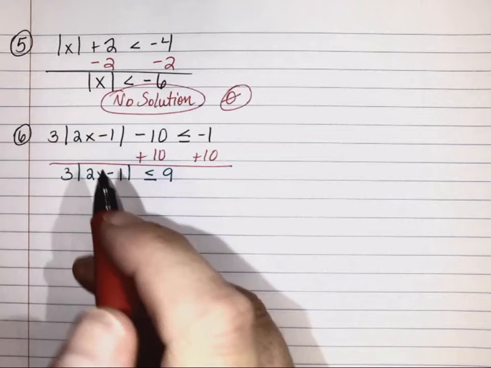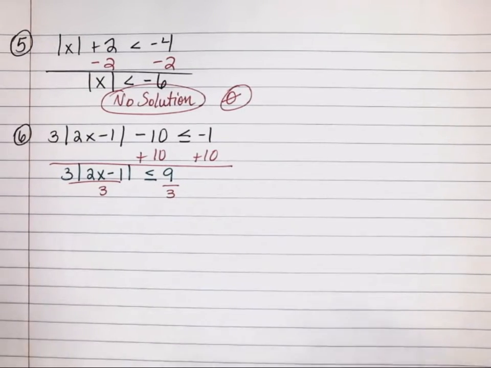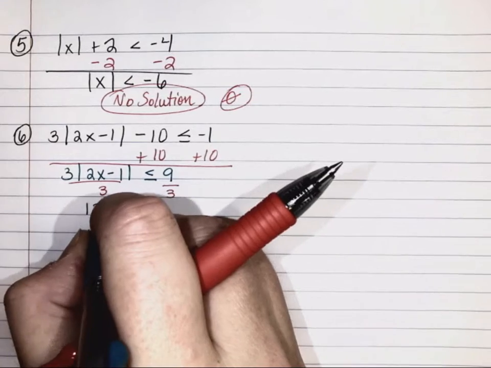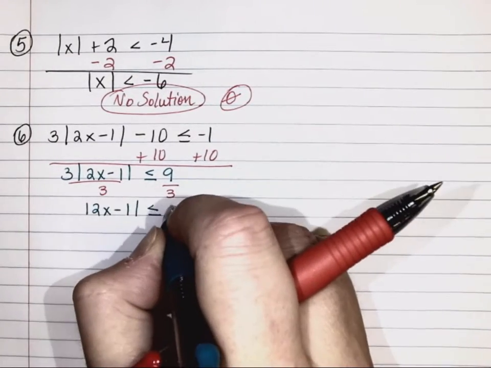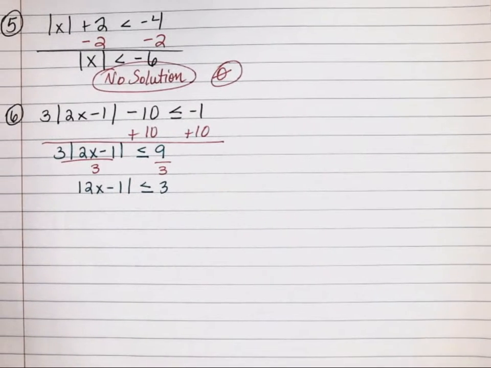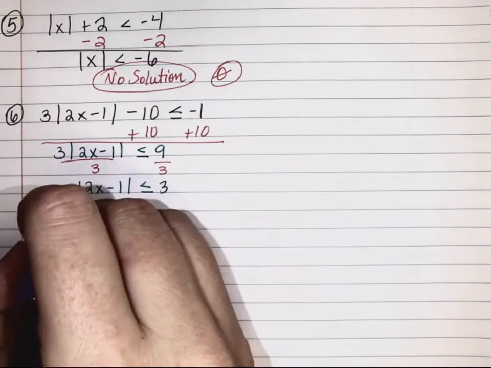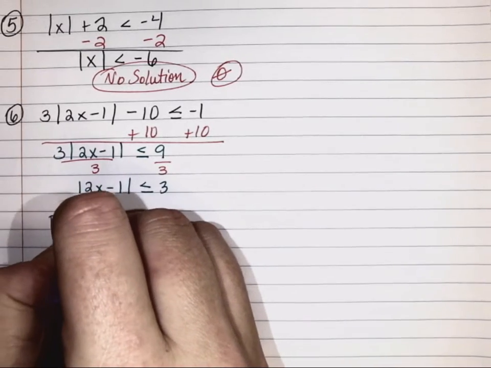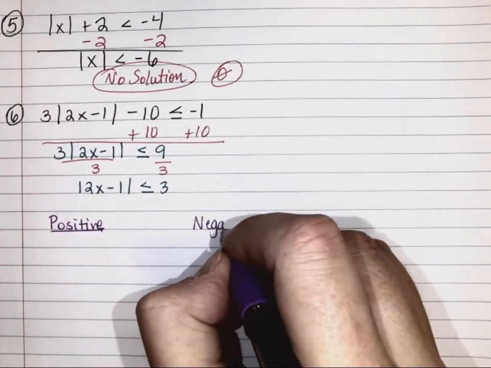Okay, from here I'm going to divide both sides by 3 to further isolate, and I get absolute value of 2x minus 1 is less than or equal to 3. Now, once again, you've got a positive part, and you're going to have a negative.